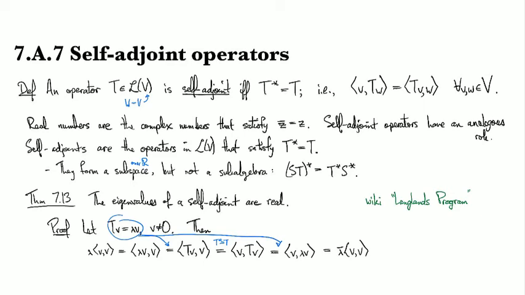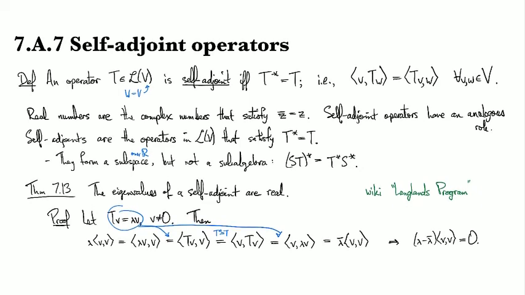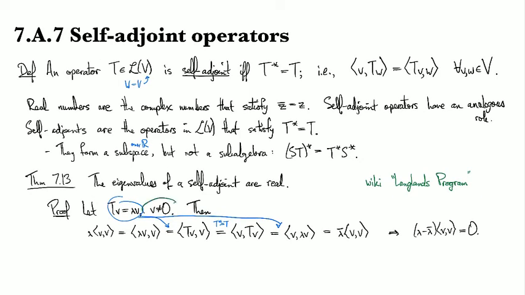And from beginning to end, this tells me if I subtract lambda conjugate times the inner product from both sides, then I end up with lambda minus lambda conjugate times the inner product of v with v being equal to 0. Now this is a product of two things being equal to 0, so one of them has to be equal to 0, but since v is not the 0 vector, we know that the norm of the inner product of v with itself is non-zero.